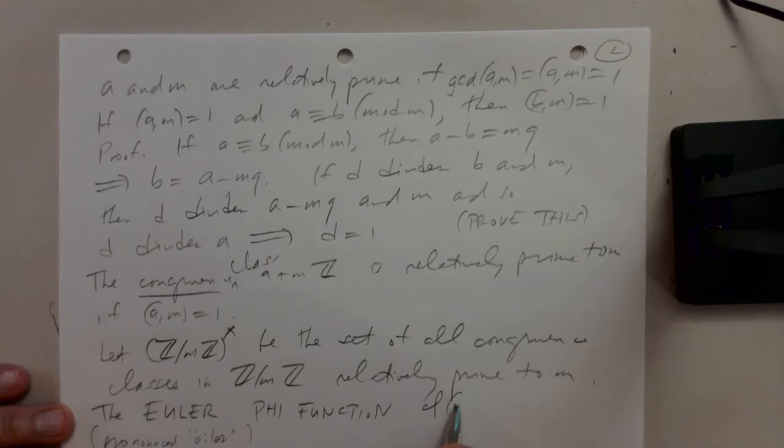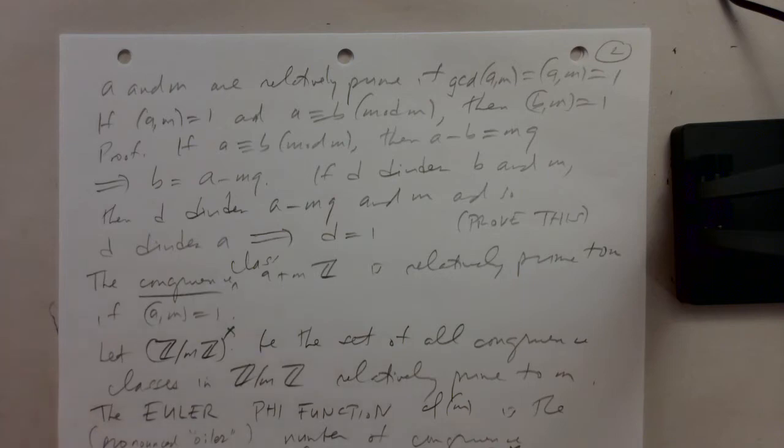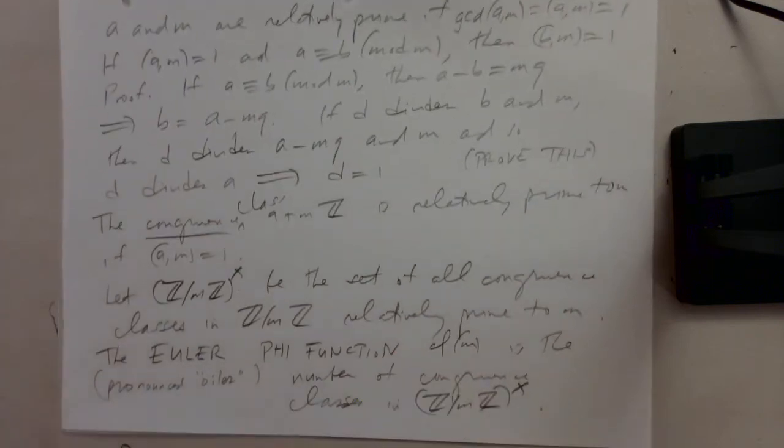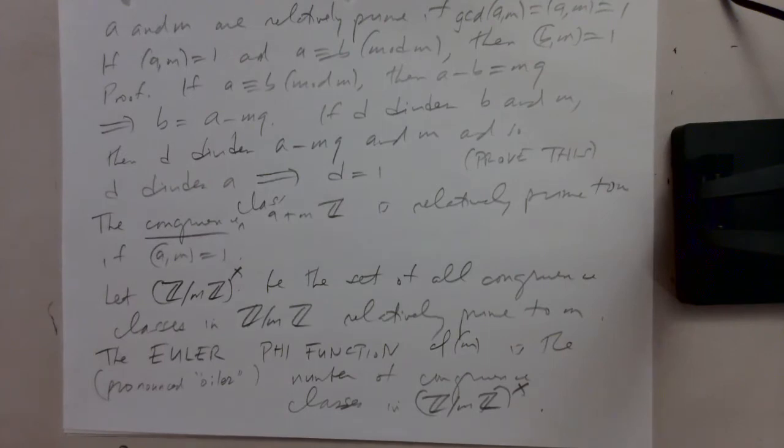Greek letter phi of m is the number of congruence classes that are relatively prime to m. So the Euler phi function, which is one of the fundamental functions in algebra and number theory, is the number of congruence classes that are relatively prime to m.